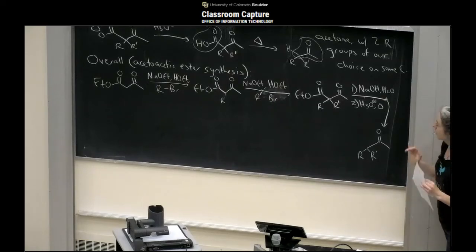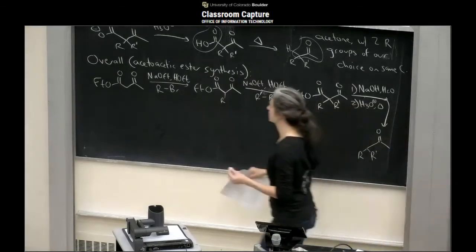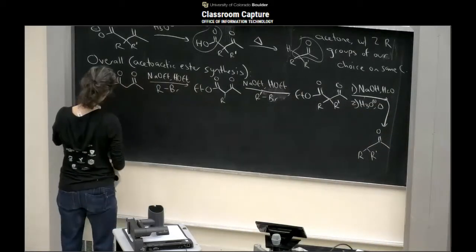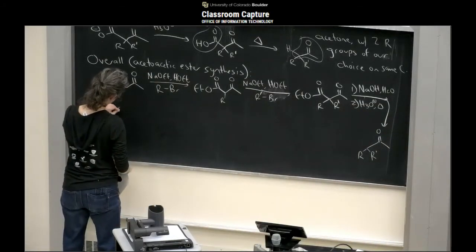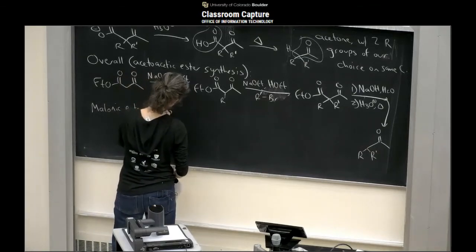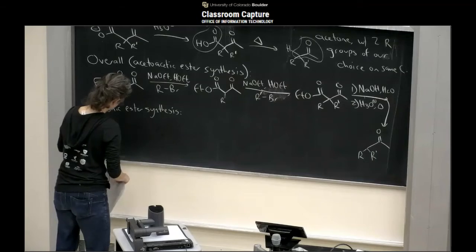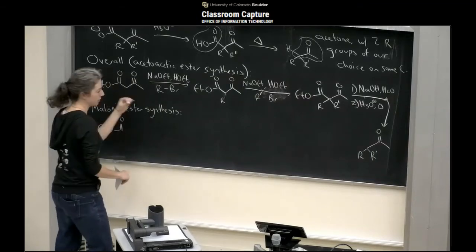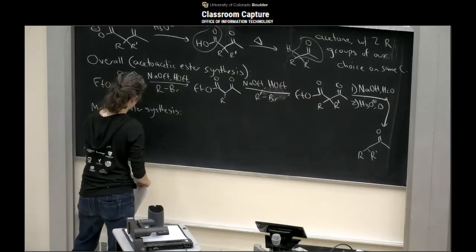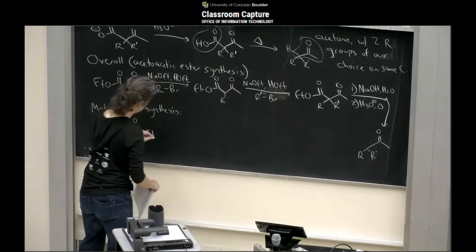Okay. So that's one of them, acetoacetic ester synthesis. Malonic ester synthesis is pretty much the same. I'm not going to write out the whole thing, I'm just going to draw the starting material and where it gets you.